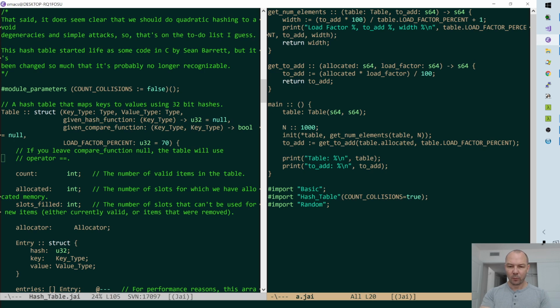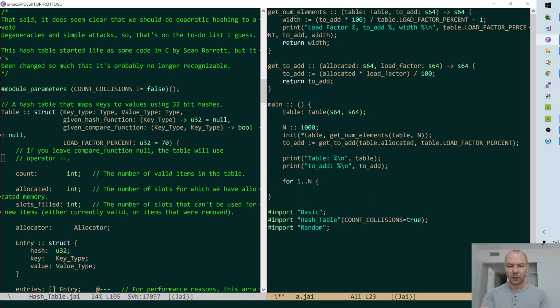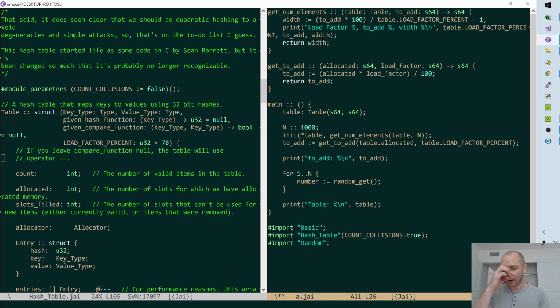We can explain what's all happening here later, but now we're going to go for 1 to n. We're going to go random get, right? We're going to print the table at the end. It's not going to matter. It's not going to show us the elements because a lot of them are uninitialized, but it'll show that we added this many things, right?